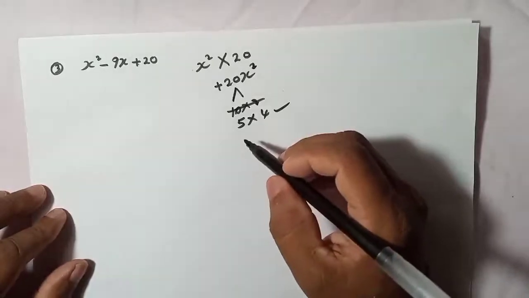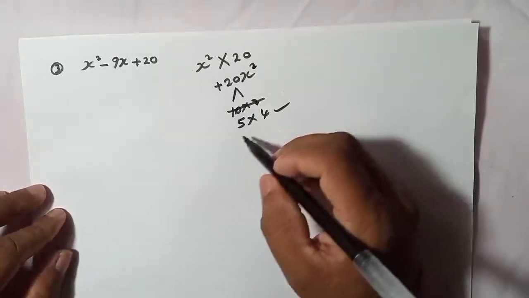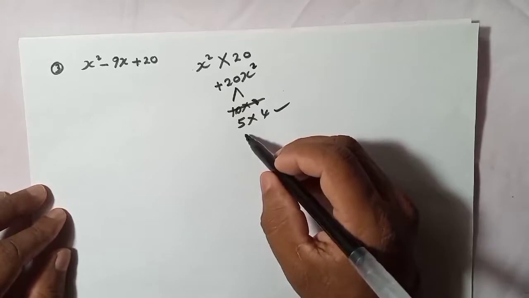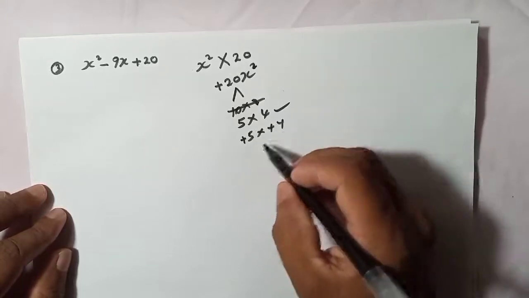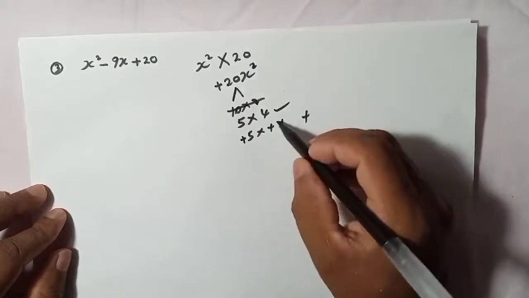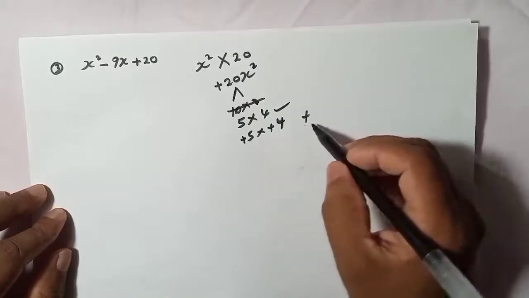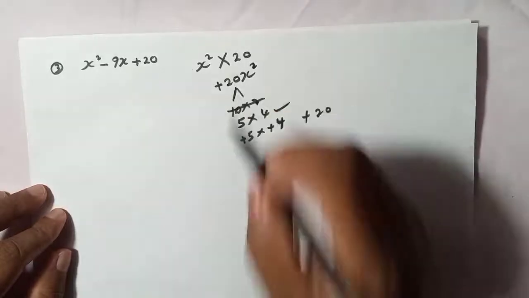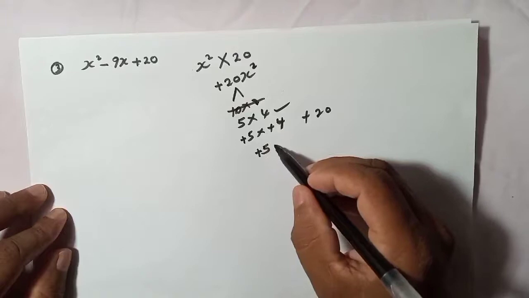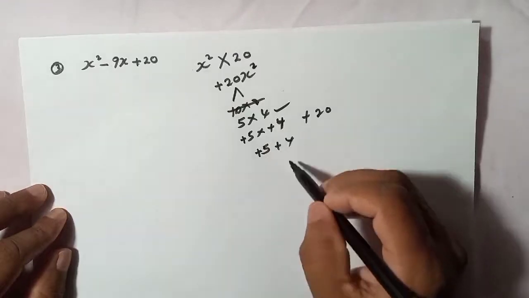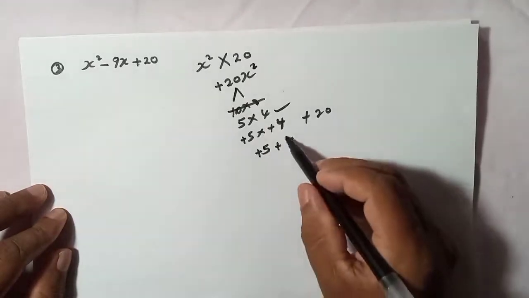Then what are the signs? How should the signs be? Now if I put plus 5 into plus 4, what will happen? Plus into plus is plus, so 5 into 4 is 20, plus 20, you can get this. But look very carefully, plus 5 plus 4, without multiplication, think this way.